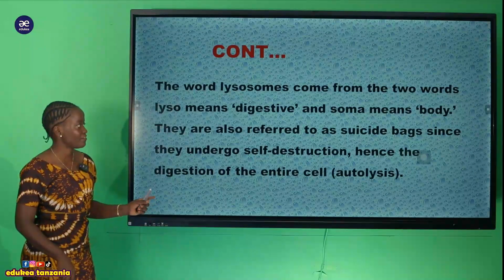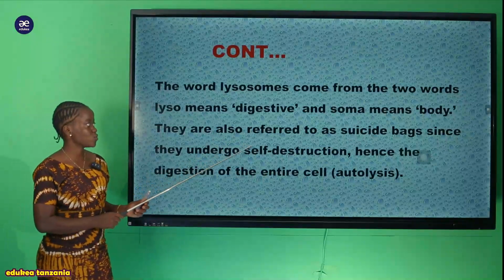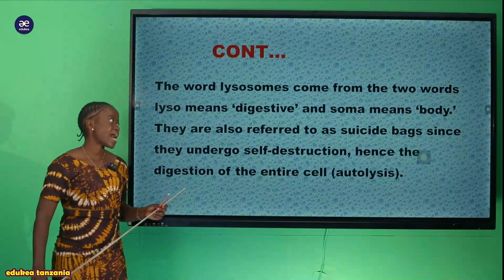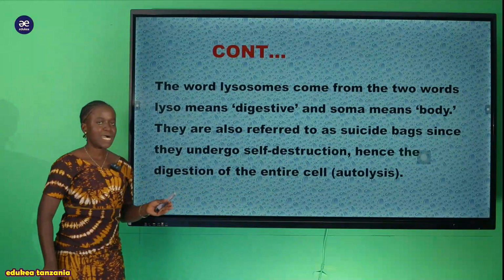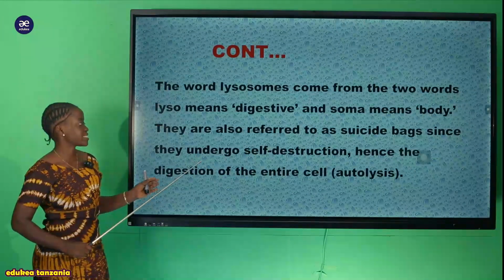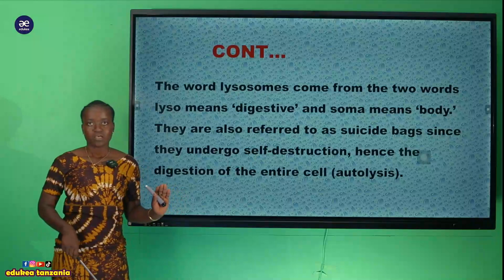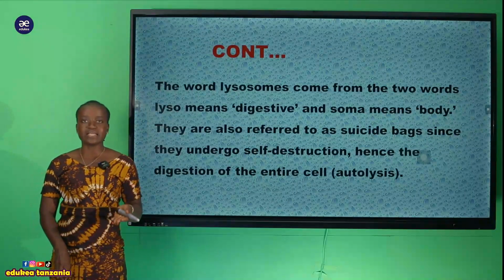But here we have another thing that is very crucial and important: the lysosome is referred to as a suicide bag. Why are they called a suicide bag? It's because the lysosome undergoes self-destruction, since it releases its enzymes.